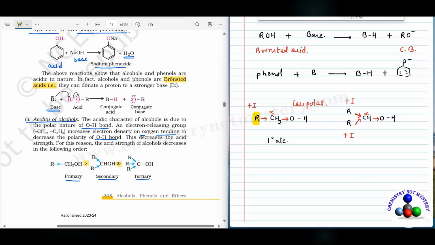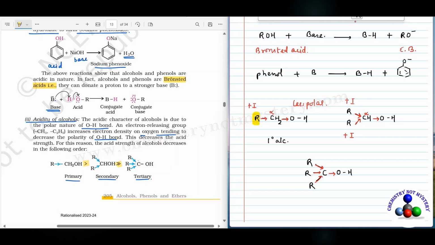When you examine tertiary alcohol, there are 3 R groups bonded to the alpha carbon, and this carbon is bonded to OH. As it receives electron density from the plus I effect of 3 alkyl groups, this alpha carbon will become more electron rich, and when it supplies electron density to oxygen, as the oxygen gains sufficient electron density from the alpha carbon, it will withdraw even less electron density from hydrogen.